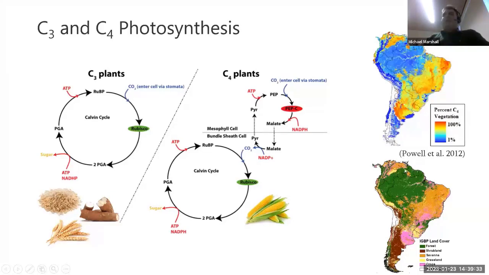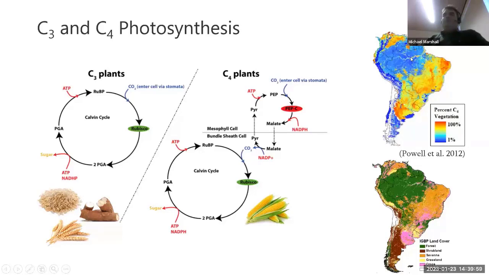So this is a nice map, Powell 2012, produced by a colleague of mine, basically where they use climate data to sort of map where C3 plants tend to grow and where C4 plants tend to grow in South America. I think eventually they want to make these maps global, but for now, I think they've only published these maps for South America.